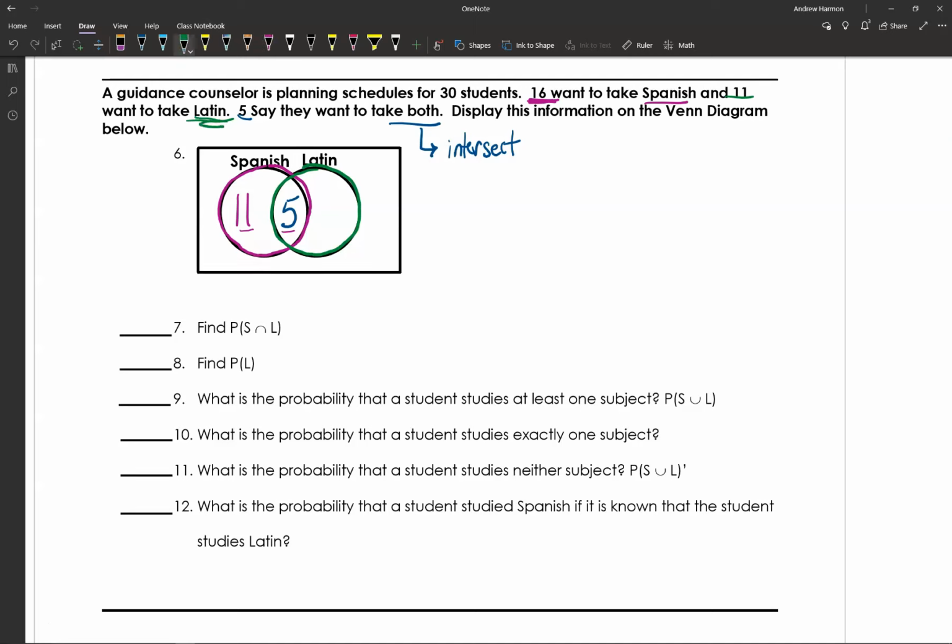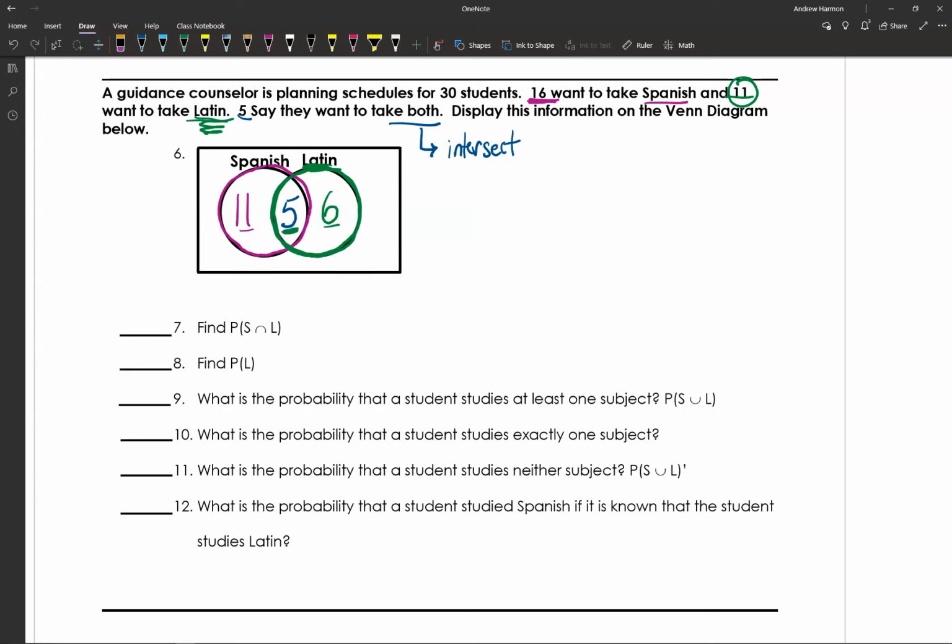Same idea for the Latin group. We know 11 total want to take Latin. We have 5 already in the Latin circle, so to get a total of 11, we do 11 minus 5 equals 6. So now, total within the Latin circle, we have 5 plus 6, or 11.